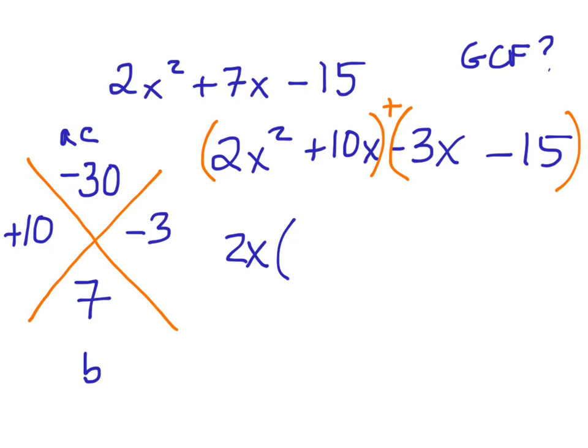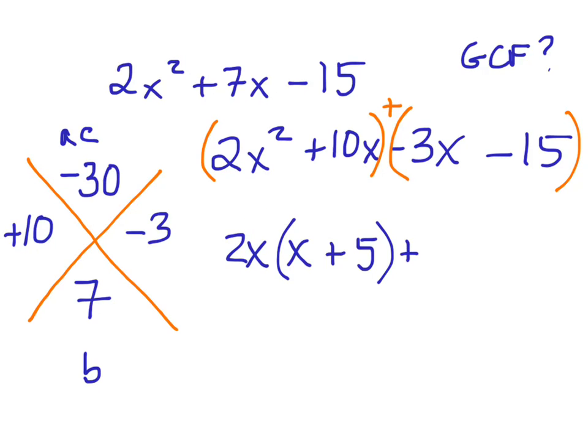If I do that, I'm dividing each by 2x, and in the first term that leaves me with an x, and when I divide 10x by 2x, that leaves me with 5. You can check this just by distributing. Think about what would happen if you distributed 2x times x and 2x times 5, and make sure that does still equal 2x squared plus 10x.